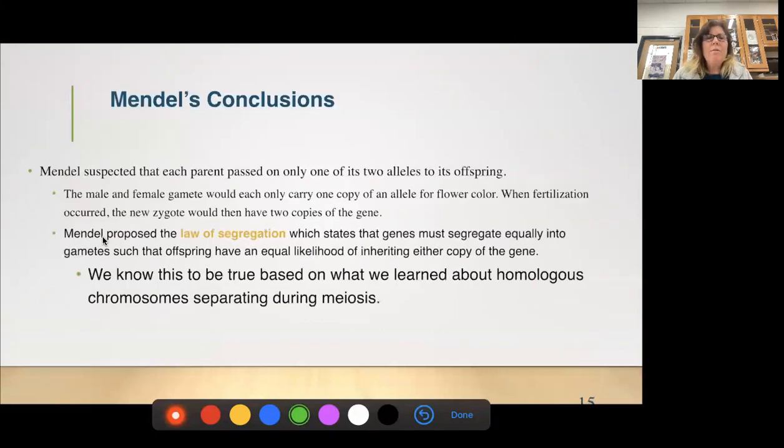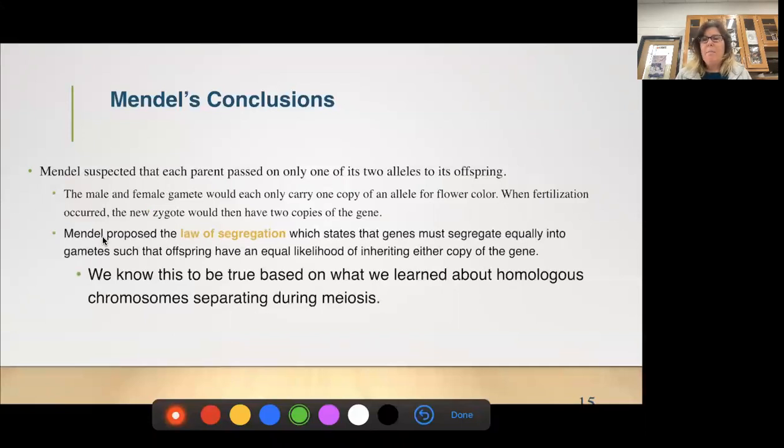Mendel suspected each parent passed only one of its alleles to its offspring. The male and female gamete would carry only one copy. And we talked about this during meiosis, and that would be our divorce. So when we fertilize, we get back one copy from mom, one copy from dad.